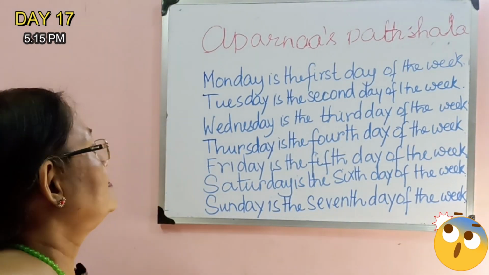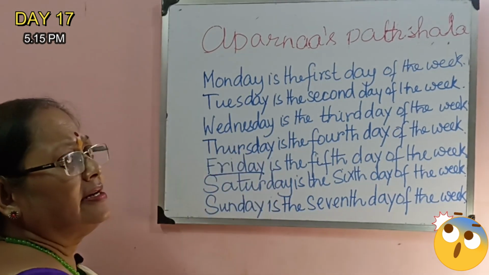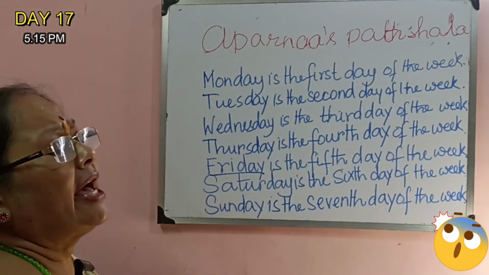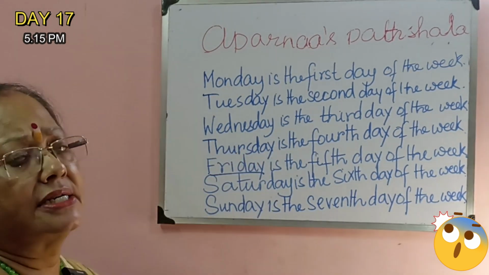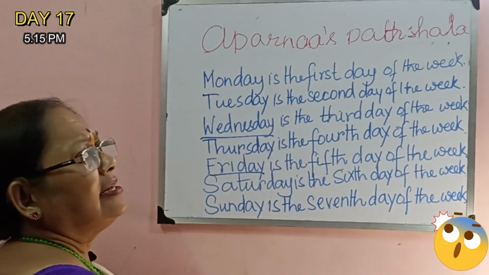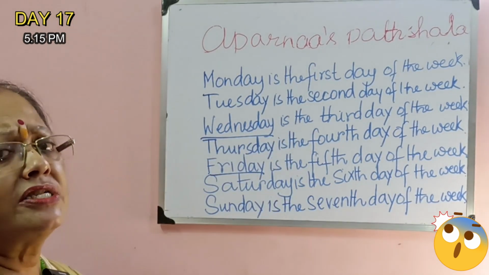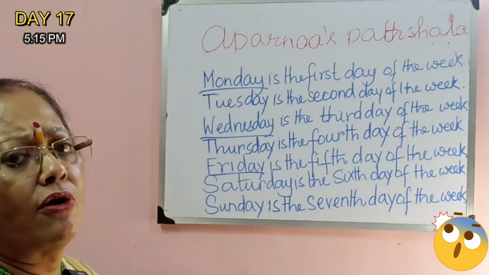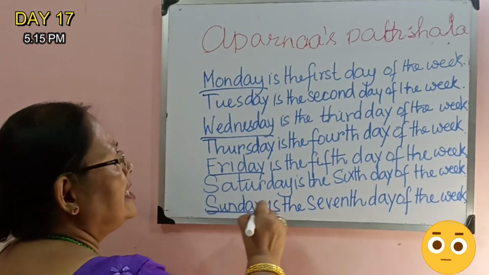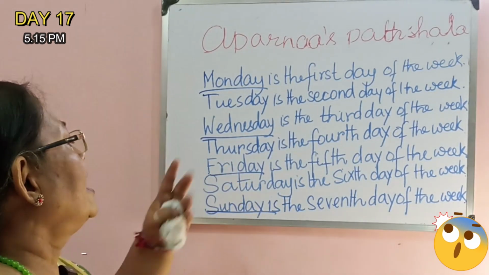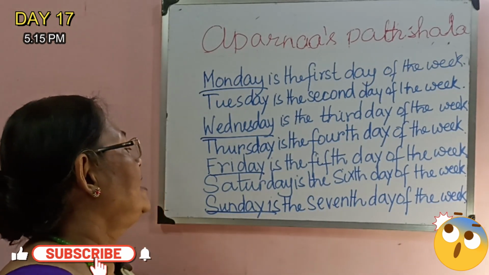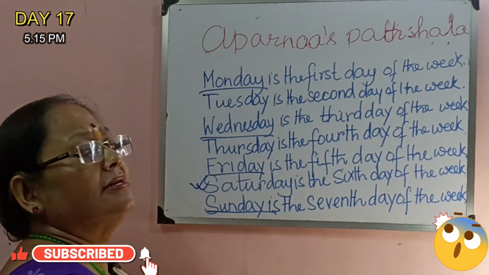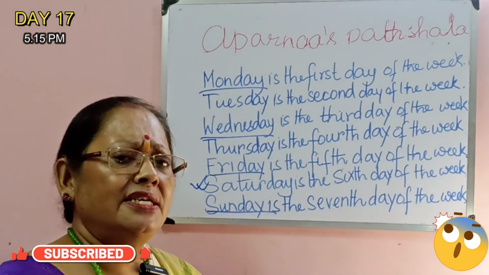Friday. Which day lies between Tuesday and Thursday? Wednesday. Which is the first working day? Monday. Which is our holiday? Sunday. Which day comes between Friday and Sunday? Saturday.